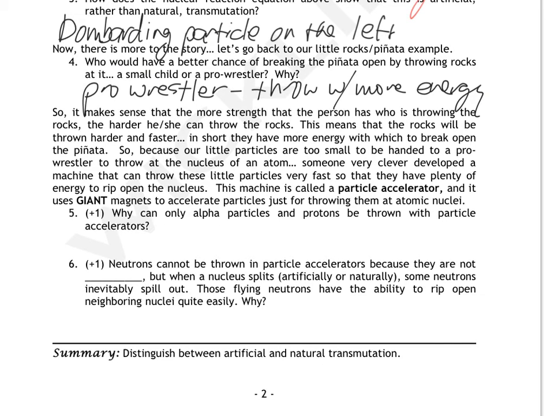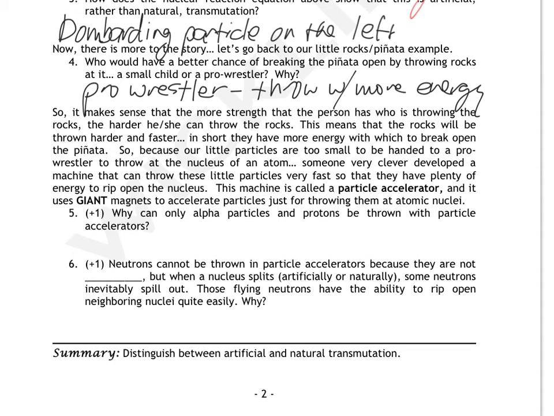One interesting thing is that really there are only a few particles that you can use inside a particle accelerator. One of those particles is an alpha particle. Protons would work as well. And the thing that alpha particles and protons have in common that make them easy culprits for use in a particle accelerator is that they both have mass and they both have charge.